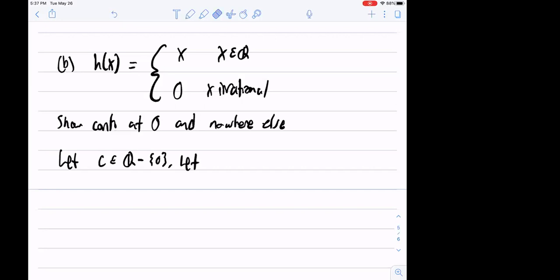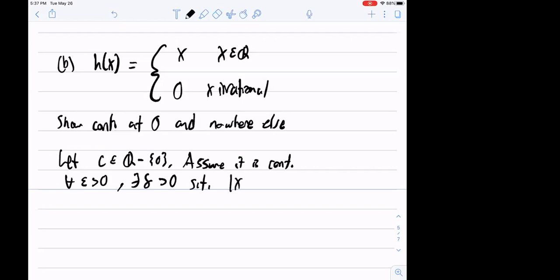Assume it is continuous. Then what do we have? For all epsilon bigger than 0, there exists delta bigger than 0, such that if the absolute value of x minus c is less than delta, then the absolute value of f of x minus f of c is less than epsilon.